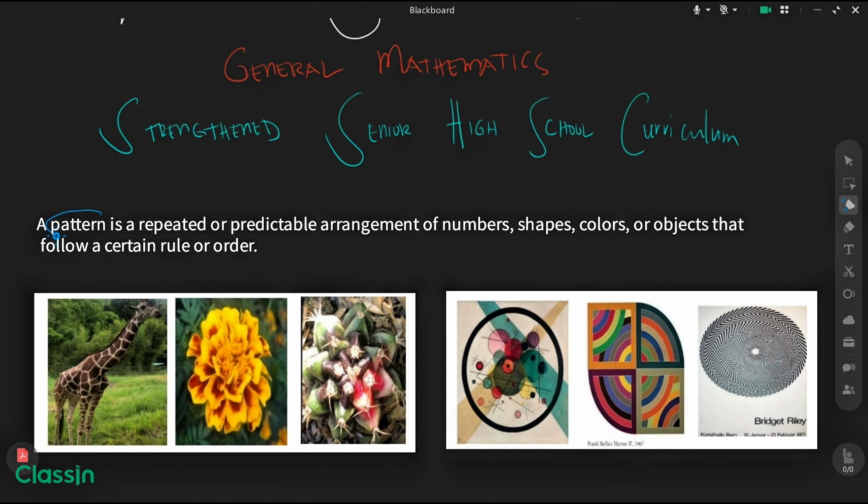Again, pattern: repeated, predictable, follows a certain rule or order. Patterns can be found in nature. They can be seen in animals such as zebra, giraffe, fishes, and so on, and of course in plants, flowers, and so on.